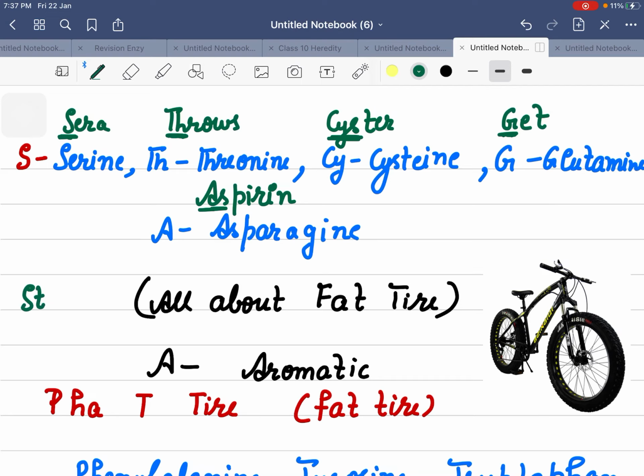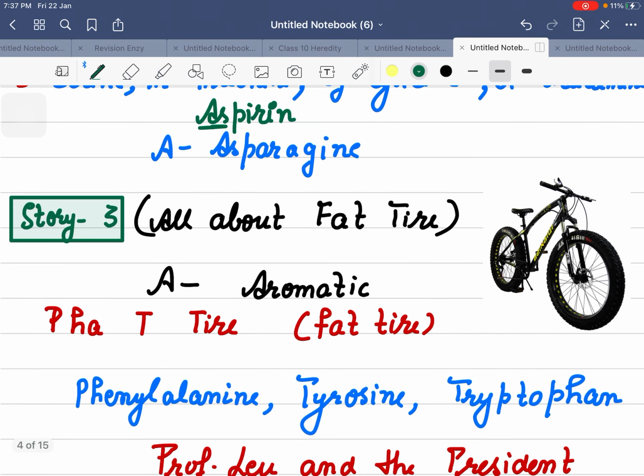Now there is story number 3 to learn about aromatic amino acids. Aromatic means we are going to talk about ring structures, those which are having rings. So for that we have to remember fat tire.